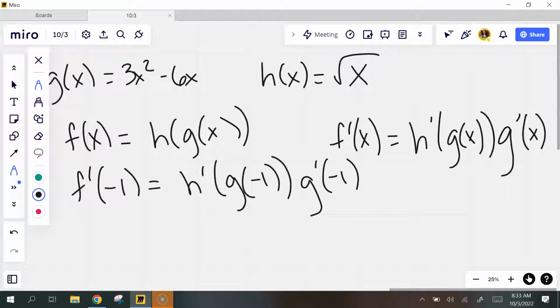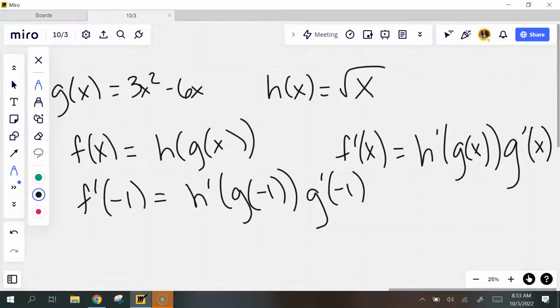Whenever I worked it, I write this, and then I come to the side and say g prime of x equals this, h prime of x equals this, h prime of 1 equals this, and I do them all off to the side, and then I plug in. Whichever's easier for you, though.